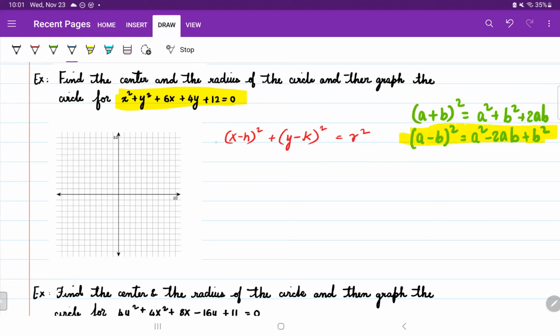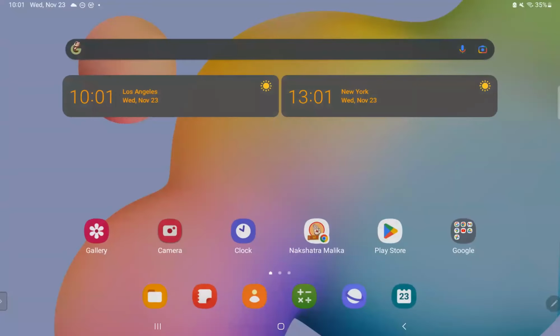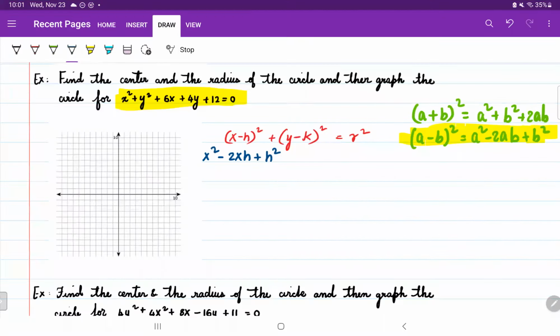Let us now expand this. So you'll get x squared minus 2xh plus h squared and plus y squared minus 2ky plus k squared equals r squared.